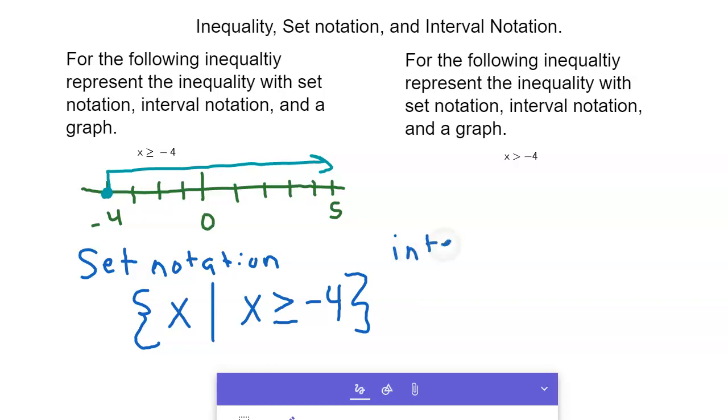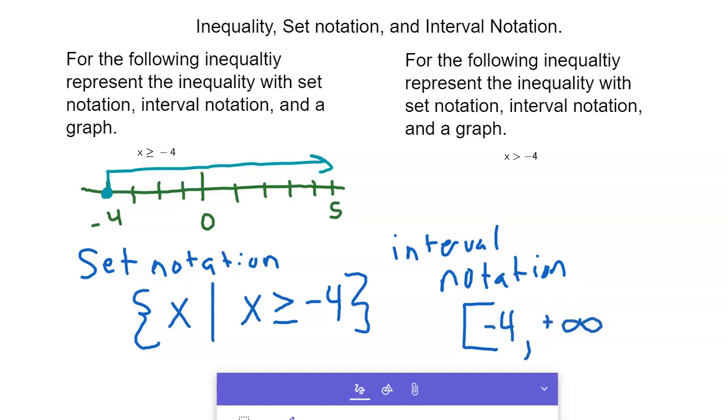So for interval notation, we include the negative 4, and it goes all the way to the right. Well, we show that by saying it's positive infinity.